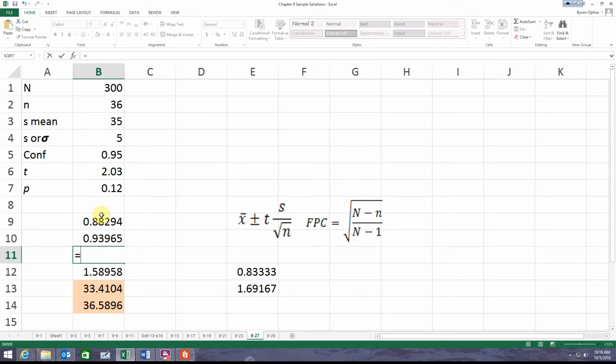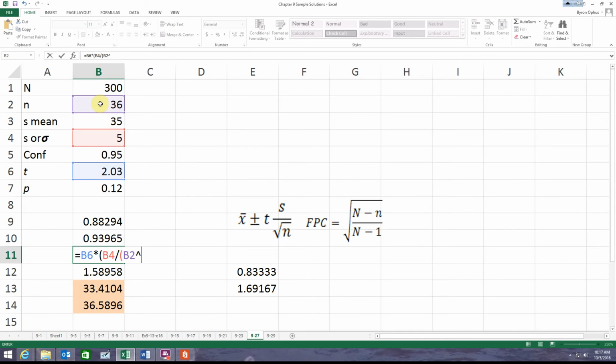So equal to my t value times my s, my 5, in parentheses, divided by the square root of my little n.